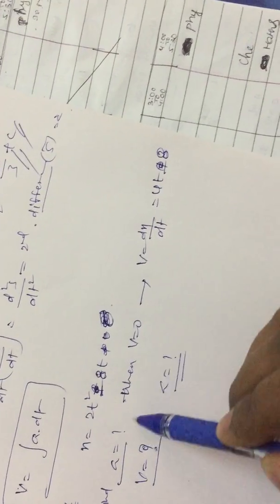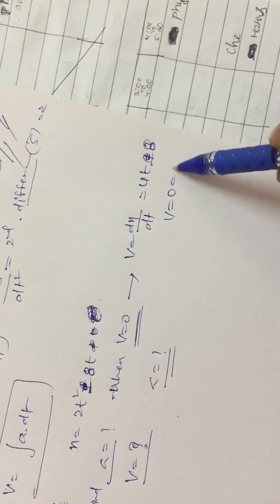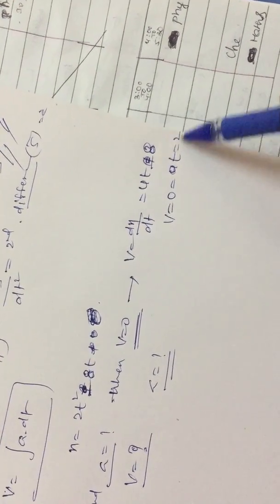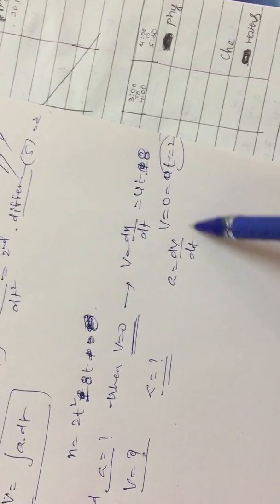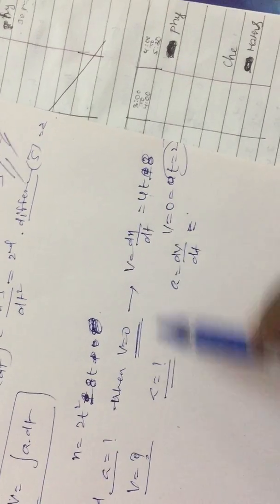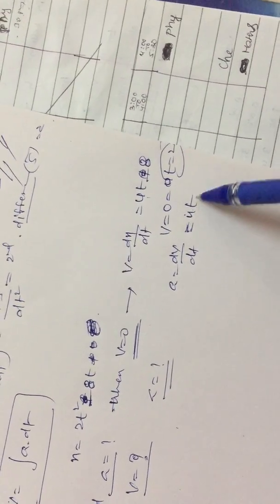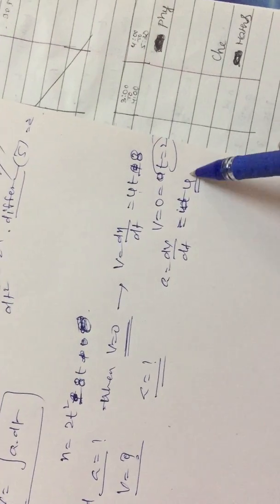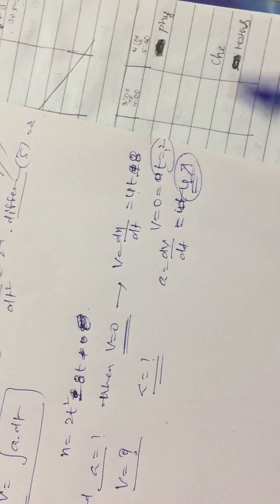Then they are asking acceleration when velocity equals 0, so put velocity equal to 0, then t equals 2 seconds. Now you find acceleration dv by dt, which equals the differentiation of 4t, which is 4, independent of time, so it does not change with respect to time. We can write directly 4.